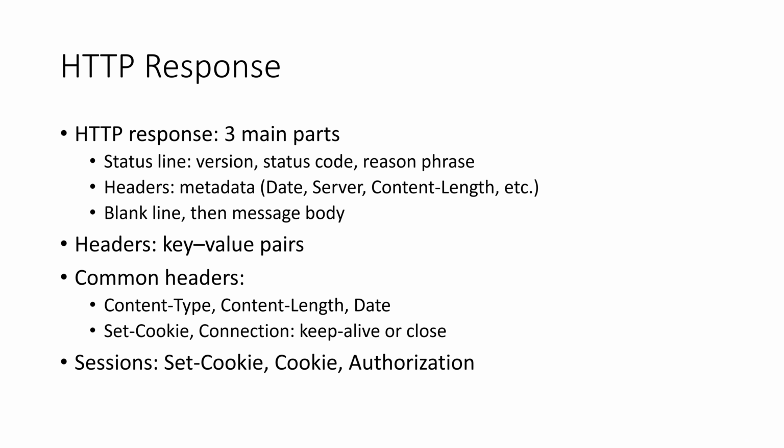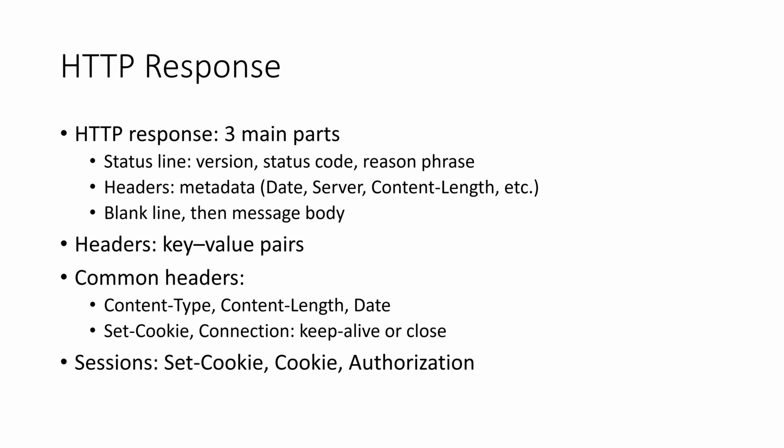When a web server replies to an HTTP request, it sends back a response made of three parts. First comes the status line, which tells us the HTTP version being used. Then a three-digit status code like 200 or 404, and a short message describing the code like OK or not found.